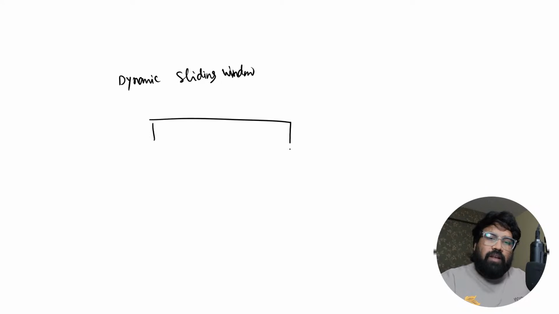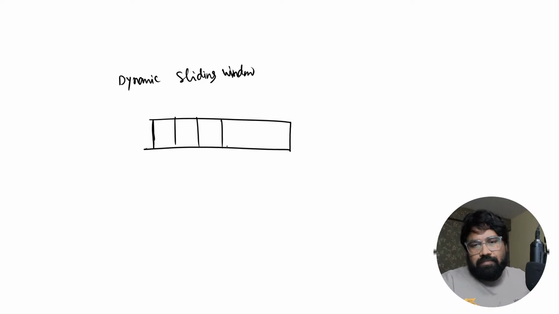Okay, next one is dynamic sliding window, right? So for example, if you take an array or a string, whatever it might be, both the pointers will start from the same place, and you will add the elements from the start to the end.